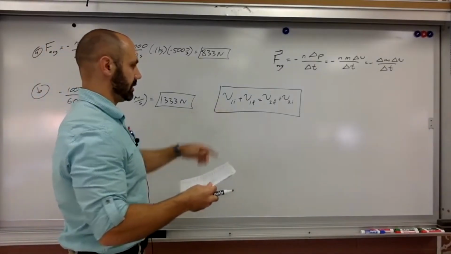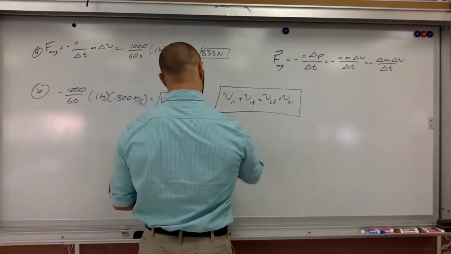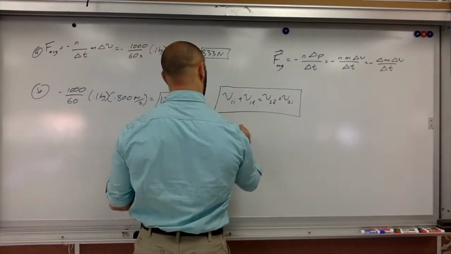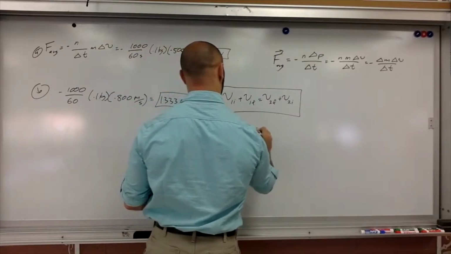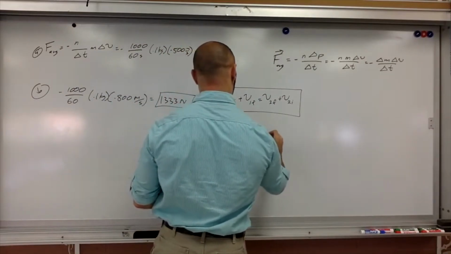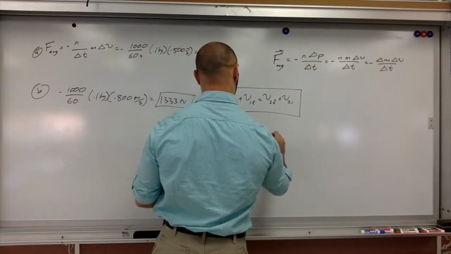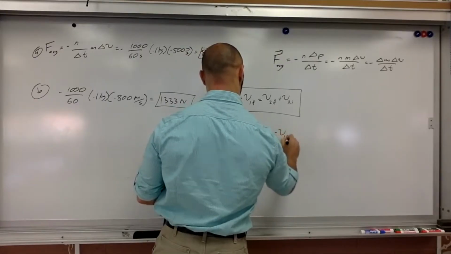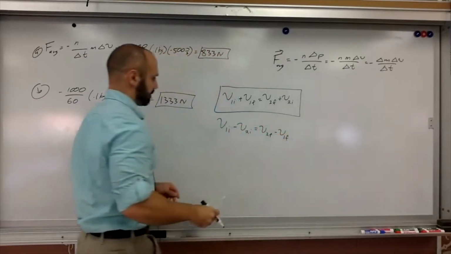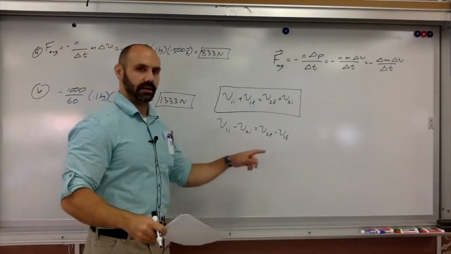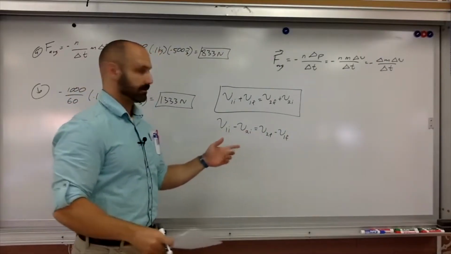Also notice here what this is. It's V1I minus V2I equals V2F minus V1F. So the difference of the velocities have the same magnitude.